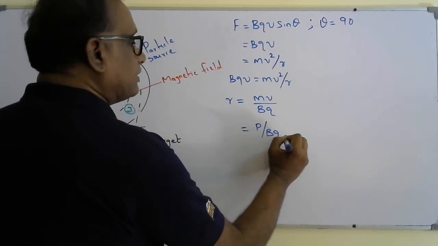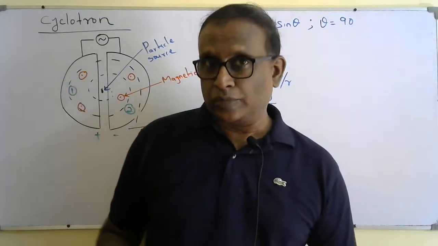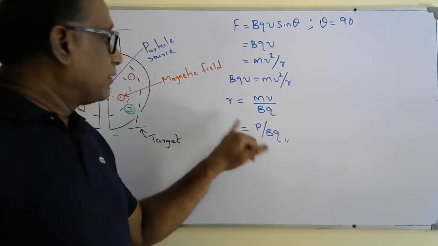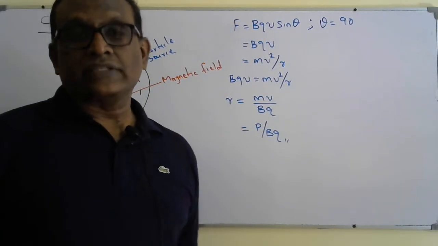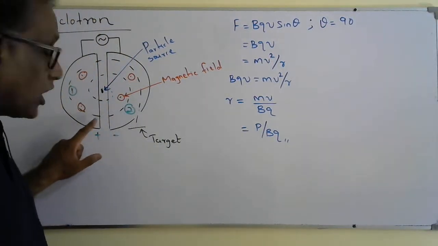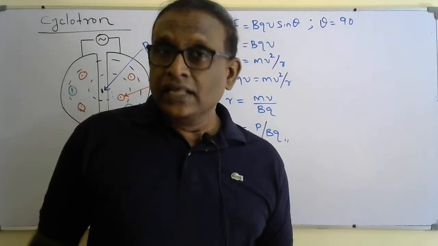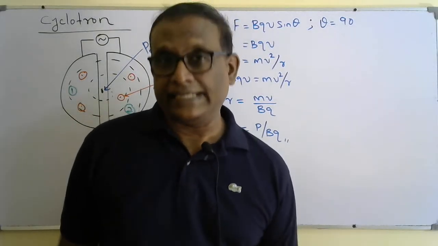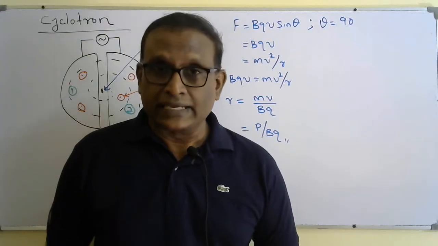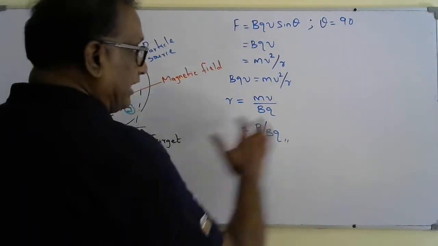This equation is given on the data sheet, but they can ask you to derive it, even in the magnetic field topic. So r equals p over BQ, and that is the radius of the particle's path. Whenever the particle crosses the gap between the two D-shaped cylinders, I told you that the particle will gain kinetic energy due to the work done by the electric field. When the particle gains kinetic energy, v will increase.